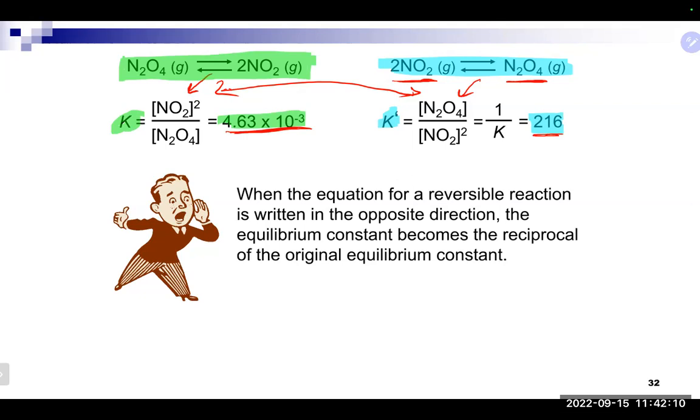Now, obviously, those are two things that we could do. We could add together two equations. We could also reverse a reaction. A couple other things very similar to what you could do when you're doing Hess's law: sometimes you may need to multiply an equation by a common number, or you may need to divide an equation by a common number. And that also affects the equilibrium constant value.